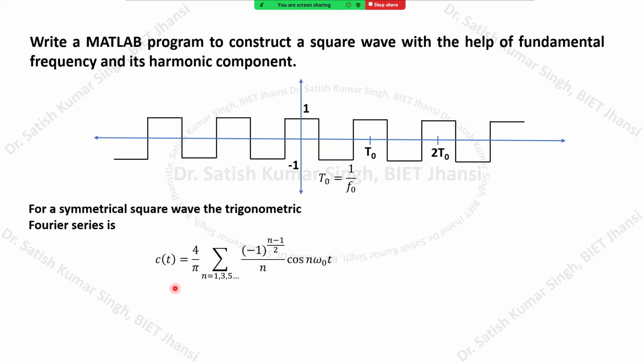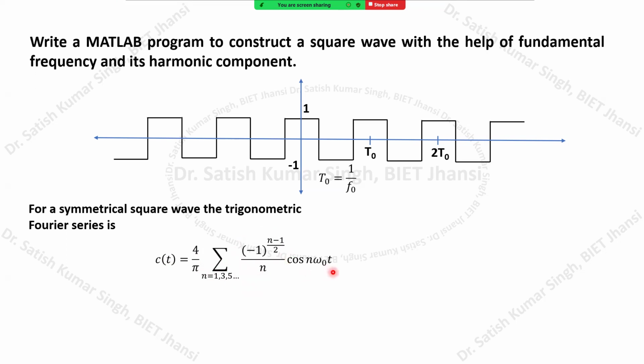So c(t) is given by 4 upon pi, and there will be a summation over n equals all odd numbers 1, 3, 5, 7 up to infinity. And here the amplitude is given as (-1) to the power (n minus 1) divided by 2, divided by n, times cos n omega naught t.